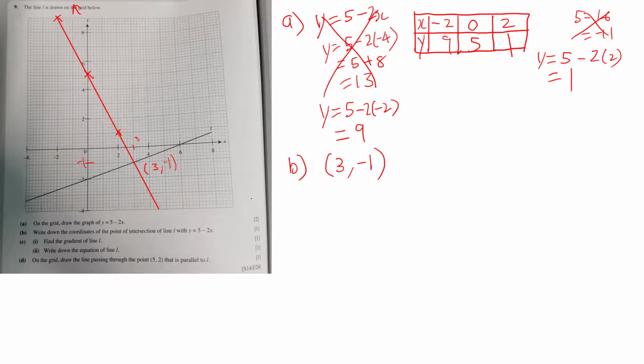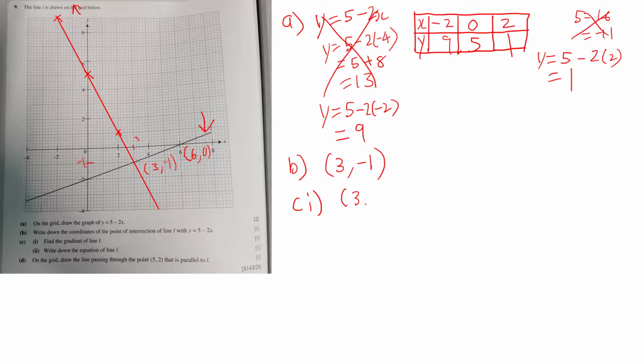C part 1 asks us to find the gradient of line L, which is this line. So normal thing, to find a gradient, you need 2 coordinates. Since you already have this coordinate, I would recommend you to use either the x-intercept or the y-intercept. It's up to you. So let's say I want to use the x-intercept, which is 6, 0.